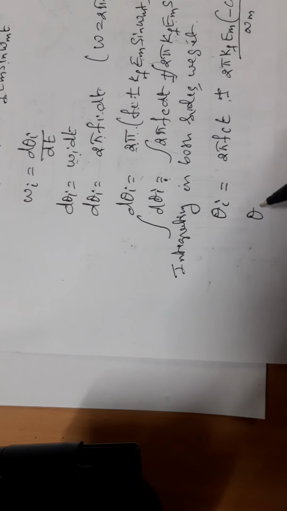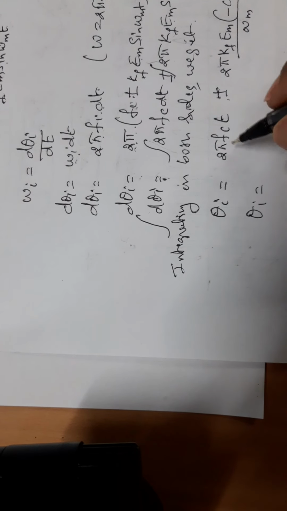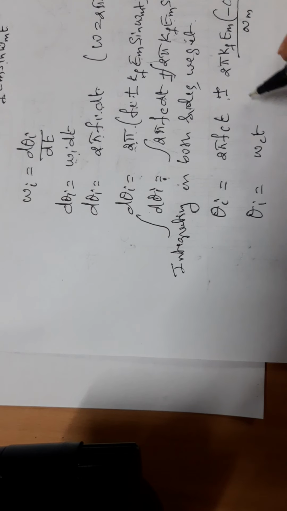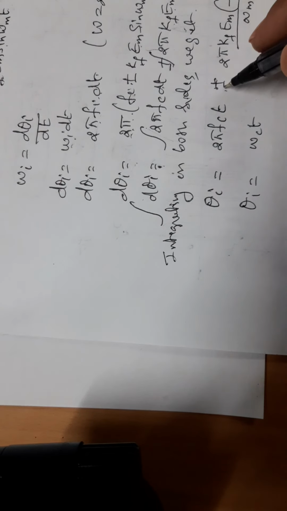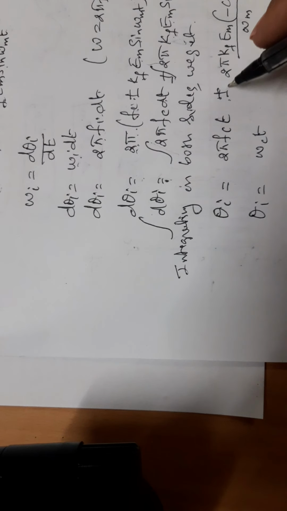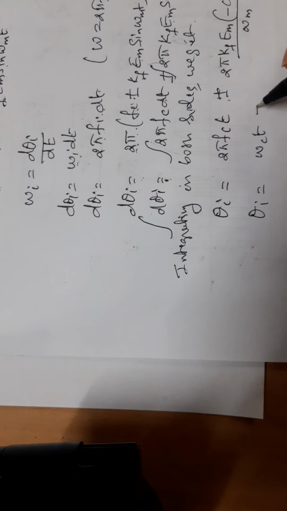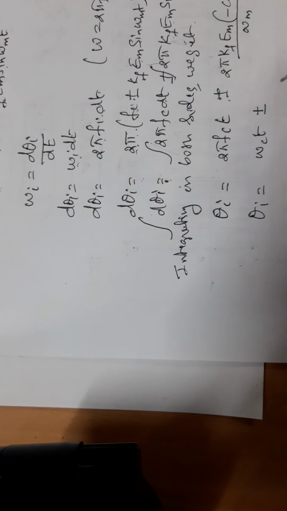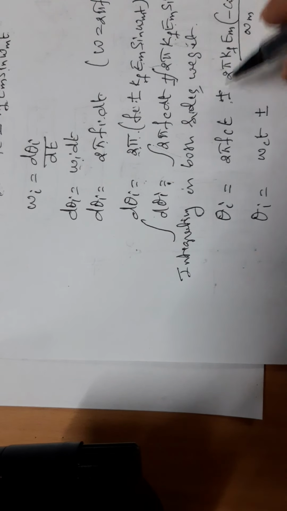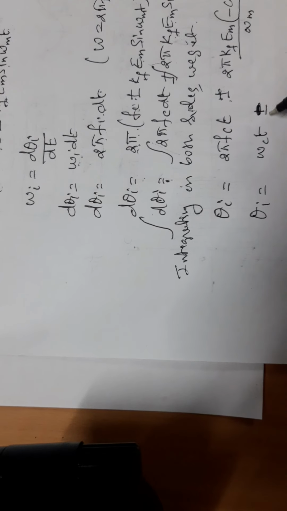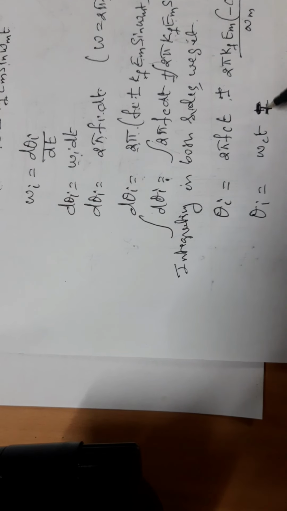Therefore, theta i is equal to 2 pi Fc t, which means omega ct, plus or minus. Minus into minus is plus, minus into plus is minus, so you get minus plus, both are the same. Therefore, I will write plus minus itself, or to clarify mathematically, I will write minus and plus, both are the same.